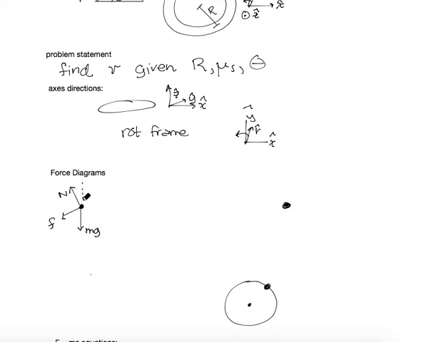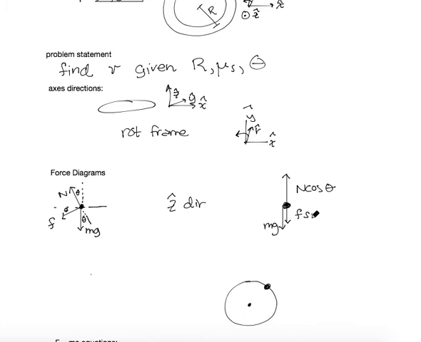This is vertical, this is horizontal, and this is theta right here. Let's look at the z hat direction. The forces in the z hat direction will be n cosine theta, gravity, and a little bit of that friction.